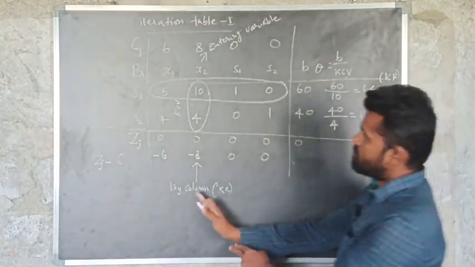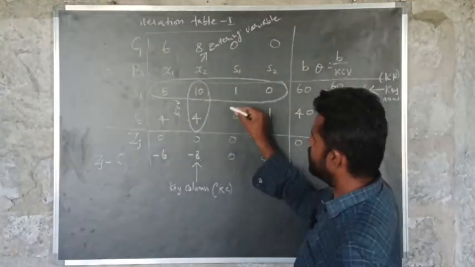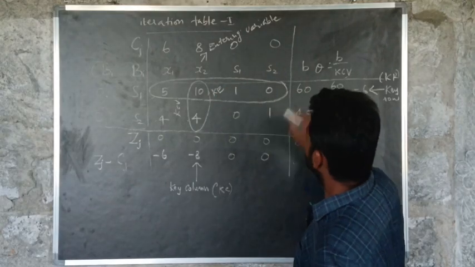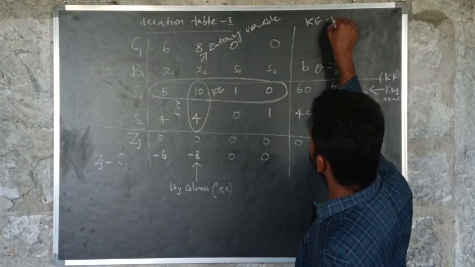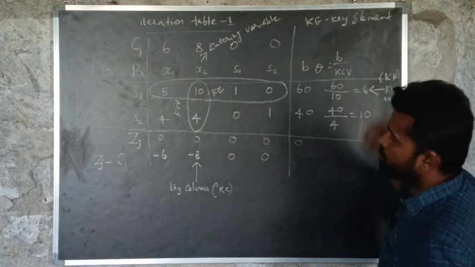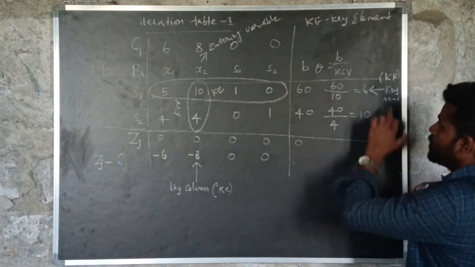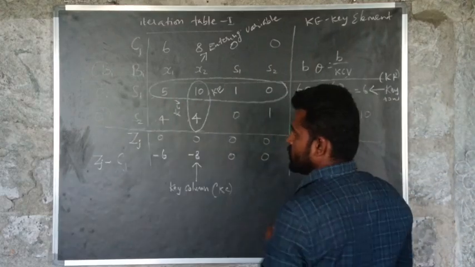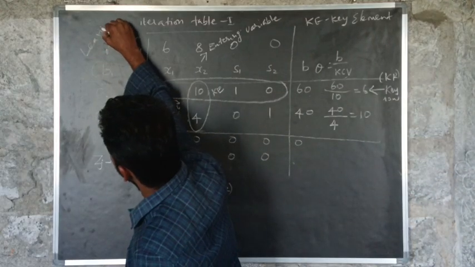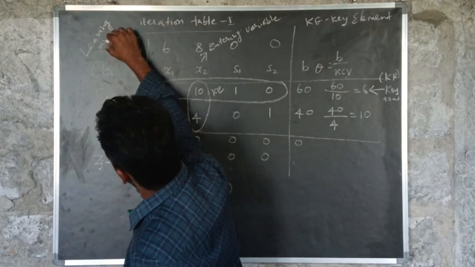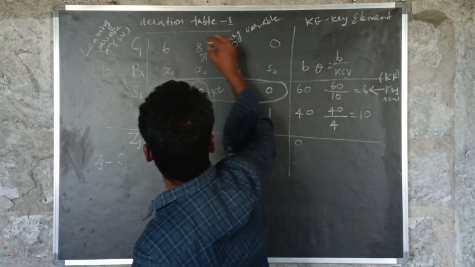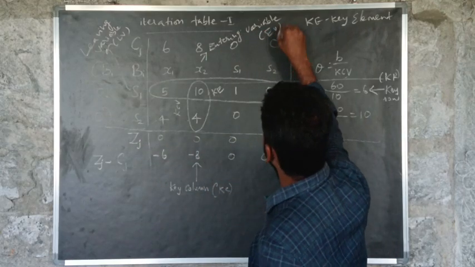The key column and key row intersection value we call the key element. The variable with respect to the key row, S1, we call the leaving variable, LV, and the entering variable, EV.